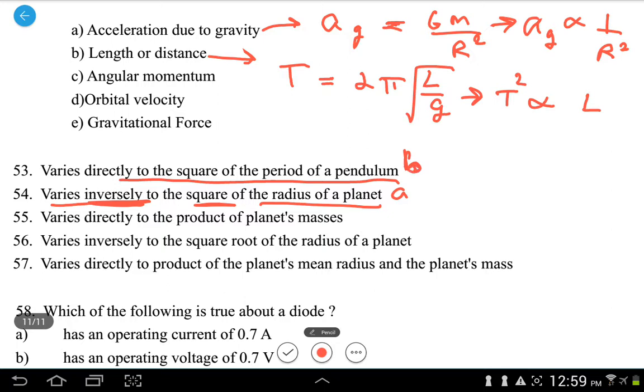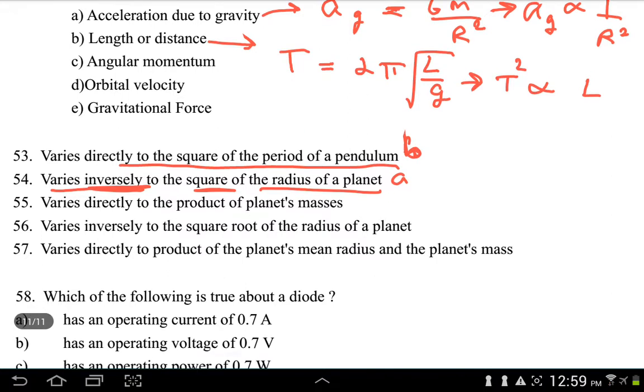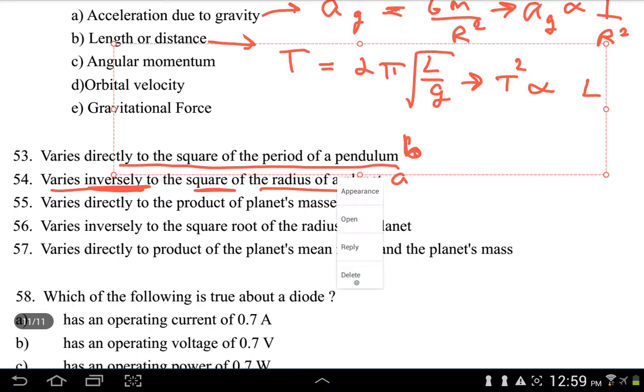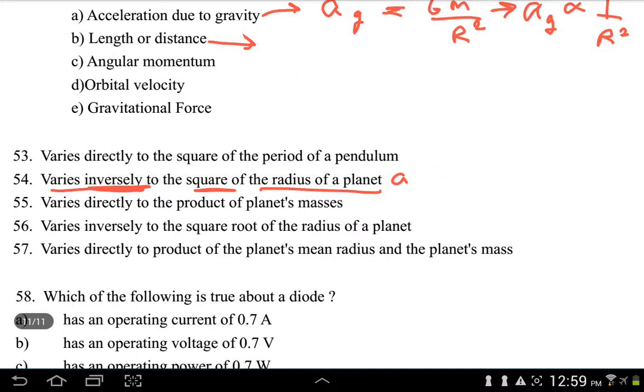All right, let's see the next part. Angular momentum. What is angular momentum? Let me write out the formula for angular momentum. Delta L equals mvr.